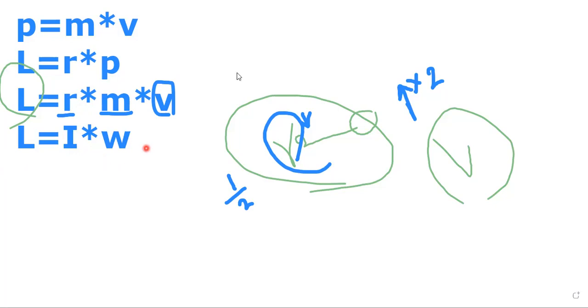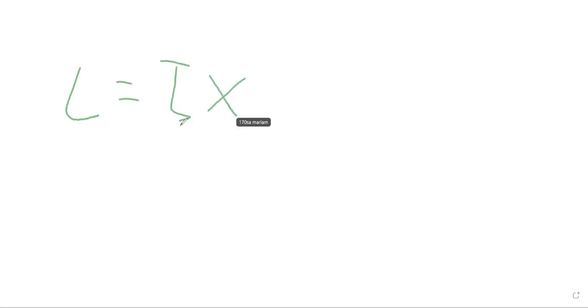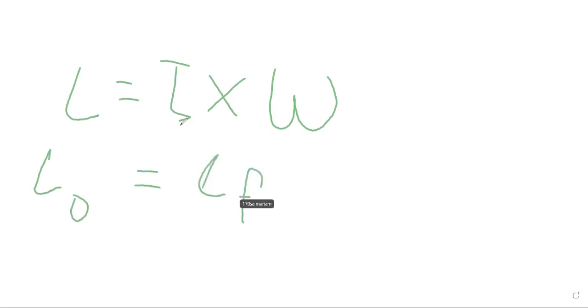So I will make something for you also to know. Okay, let me remove all of that. Here, the angular momentum, as we said, equals moment of inertia times omega. So we can say that the initial angular momentum equals the final angular momentum, because, as I said, it's conserved.